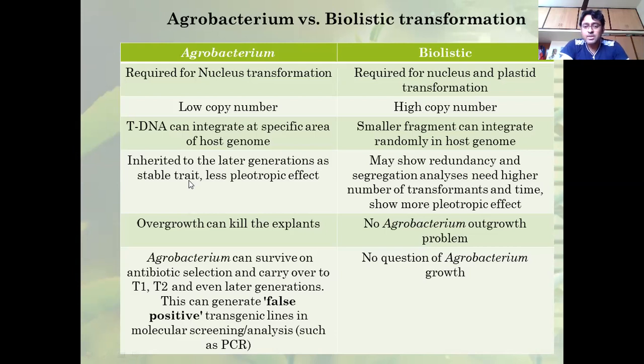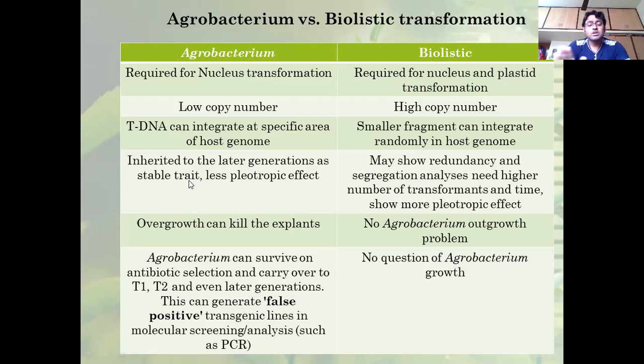Not only this, in the next generations, T2, T3, we can get some seeds or propagules which also contain the Agrobacterium strain. And these can generate false positives in the transgenic, when we screen through genomic DNA PCR or gene-specific primers.